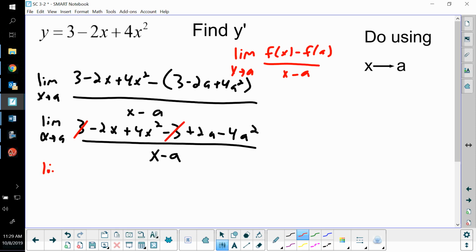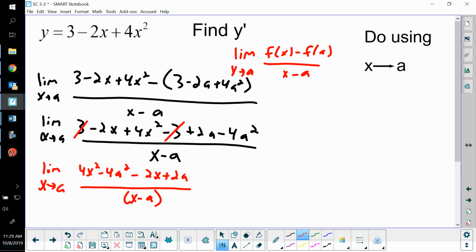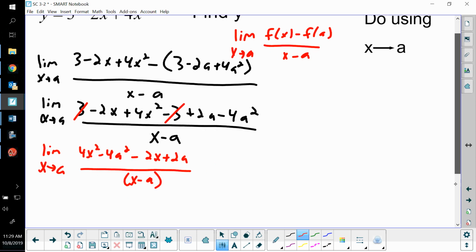And when we rewrite it, we want to group things strategically as the same power. So I'm going to write 4x squared minus 4a squared minus 2x plus 2a all over x minus a. Because we need the x minus a to divide out.